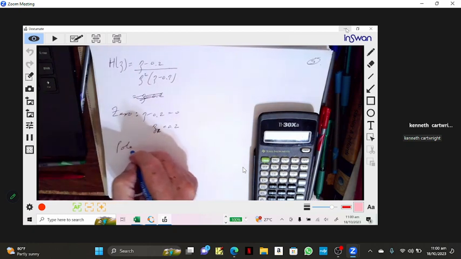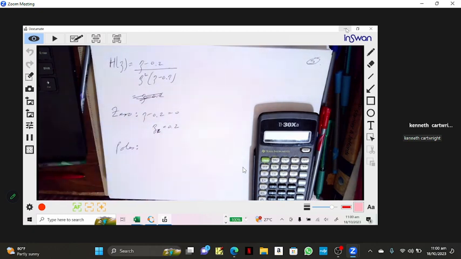Where are the poles? Do we have 2 poles? No, we have 3 poles. You don't see Z cubed? We have 3 poles.